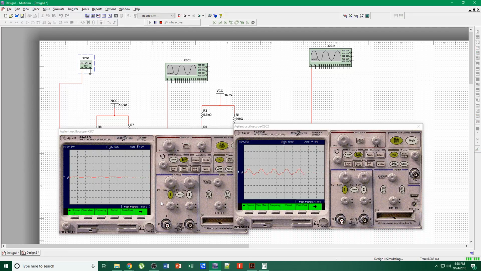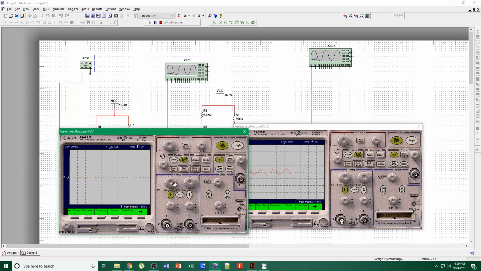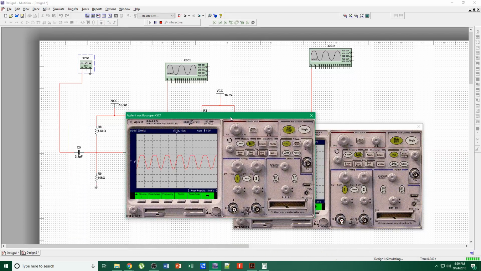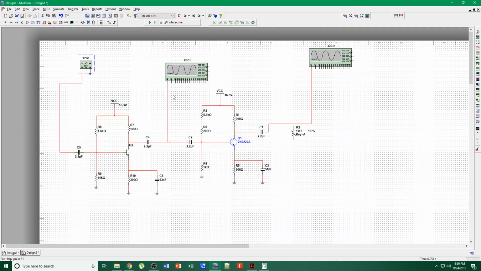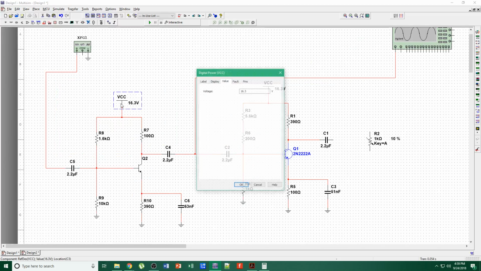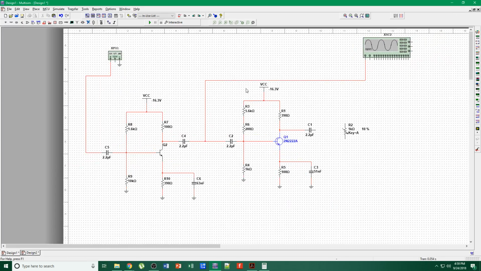Okay. So for some reason, the first oscilloscope is measuring an amplification of a lot, which to me doesn't make any sense. I'm going to remove this. Is this not set to... Oh, this wasn't set to negative. Oh.